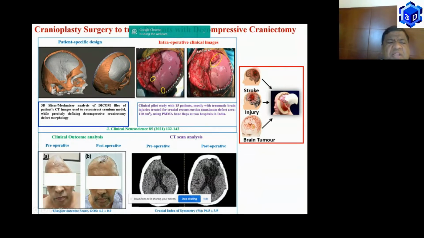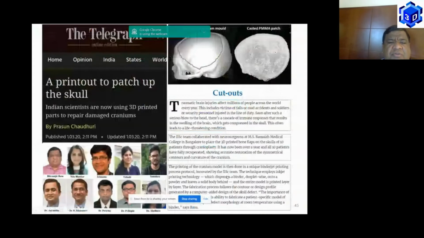In one of the index patients, there is a very large defect of 110 square centimeters, which was reconstructed using PMMA, polymethyl methacrylate, bone flaps. During post-operative analysis, we found a cranial index of symmetry of 95% could be obtained.